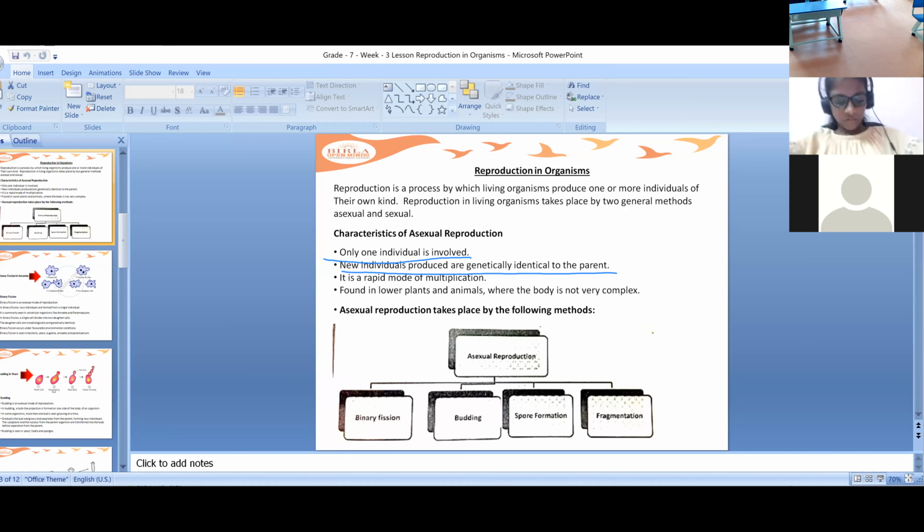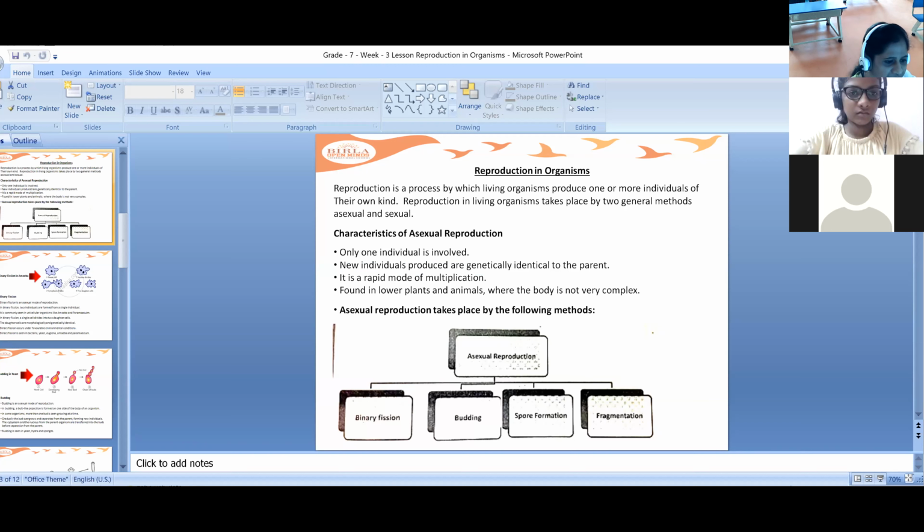So if you see, asexual reproduction can be seen in binary fission. Asexual reproduction is divided into 4 parts: binary fission, budding, spore formation, and fragmentation.